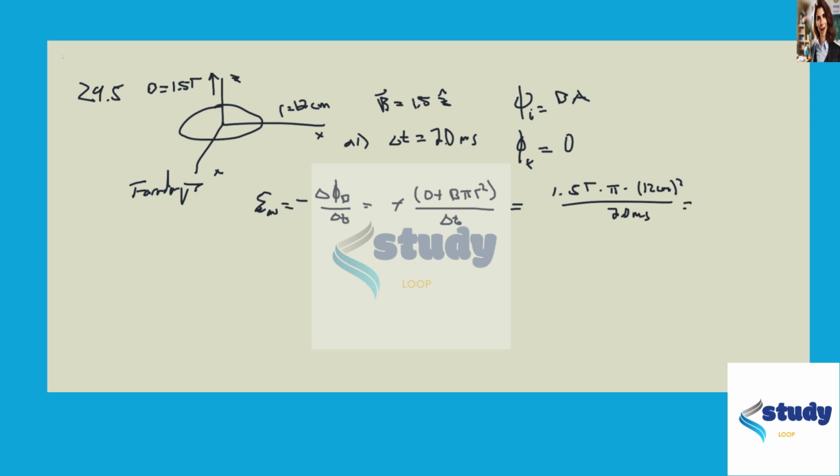So if we change these back to SI units, this becomes 1.5 teslas times pi times 0.12 meters squared, since 12 centimeters is 0.12 meters, all over 2 times 10 to the negative 3 seconds. And putting this in our calculator, it comes out to 34 volts as our average EMF.